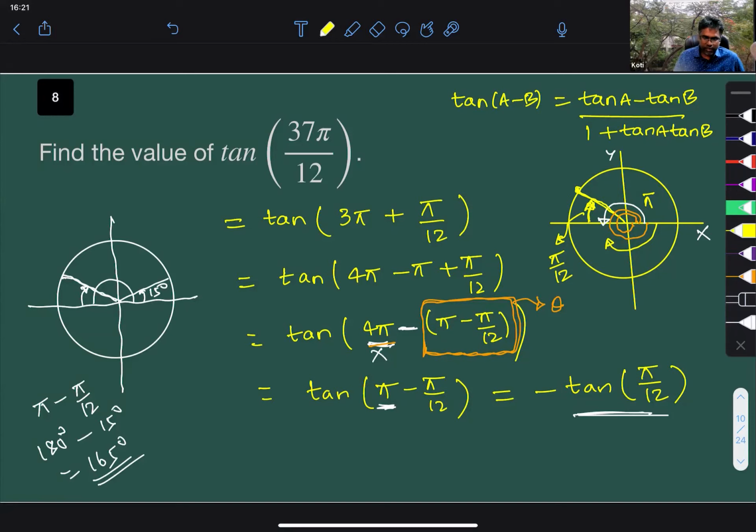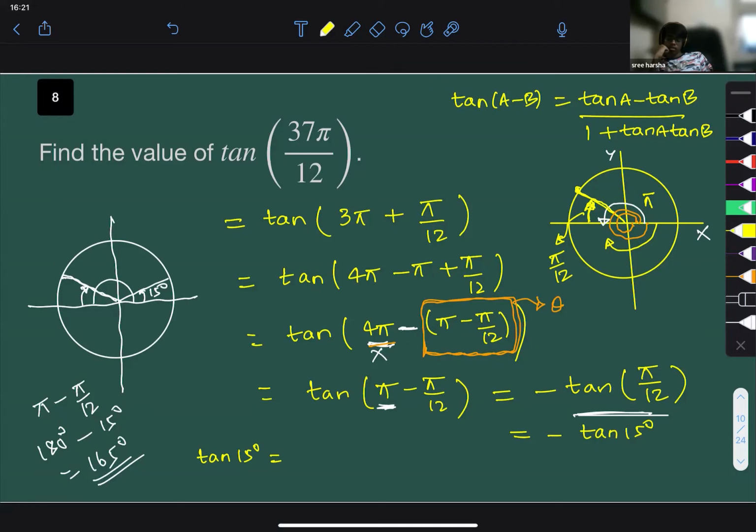Now, this tan 15, how can we write it? We will fix whether that minus sign should be there or not, we will just check. First let us get tan 15. Tan 15 is tan of 45 minus 30.